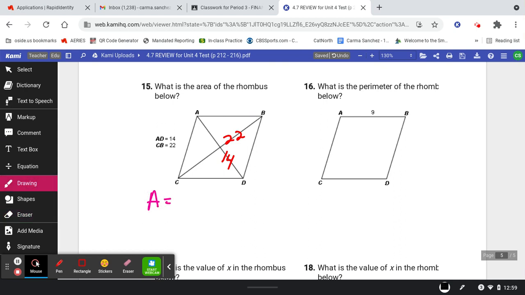So the area of the rhombus is half of diagonal 1 times diagonal 2. So it's half of 14 times 22. So grab a calculator and do that.